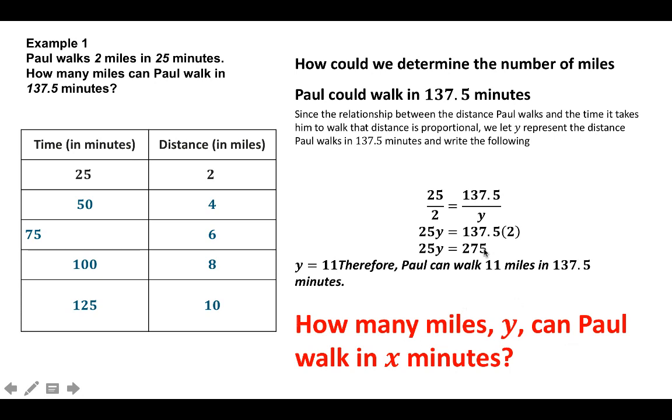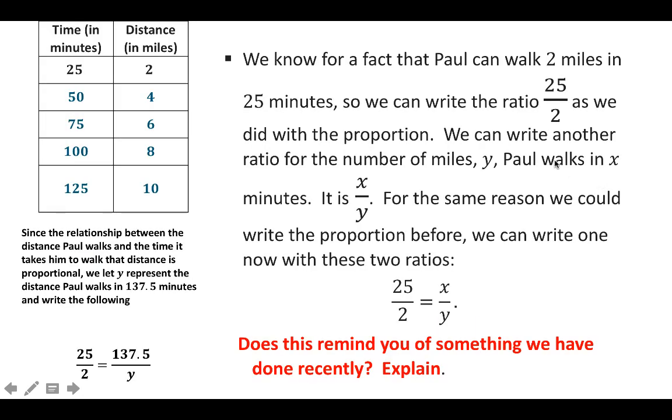So can you write down the equation in this form? If your time is x and your distance is y, what will this equation be? So this is the ratio 25 upon 2, and you can see that this is the relationship between each. So you can write 25 upon 2 equals x upon y.